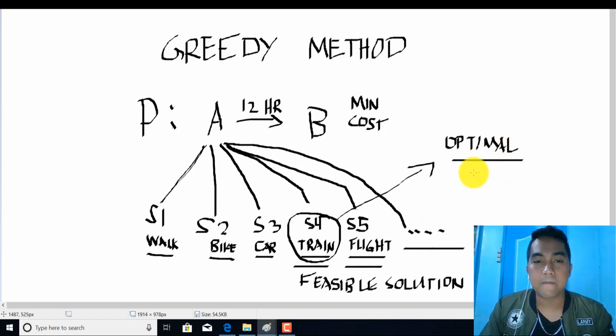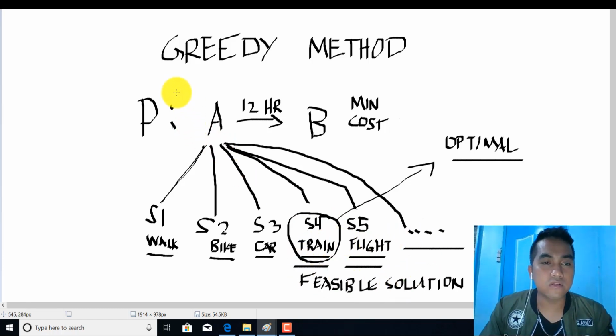This optimal solution will satisfy traveling from point A to point B within 12 hours and at the minimum cost. So this will be the optimal solution. An optimal solution satisfies the given constraints and is the best one, so you can only have one optimal solution, but you can have more than two feasible solutions.